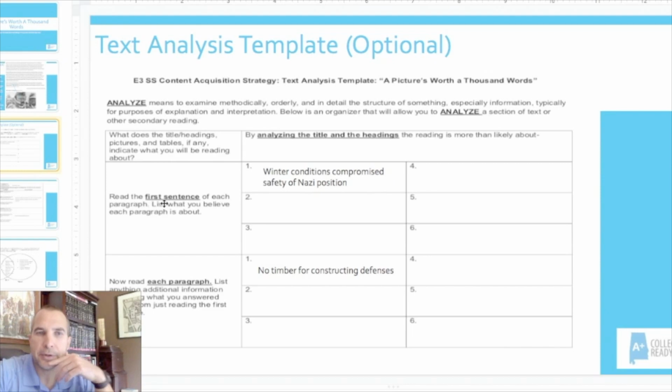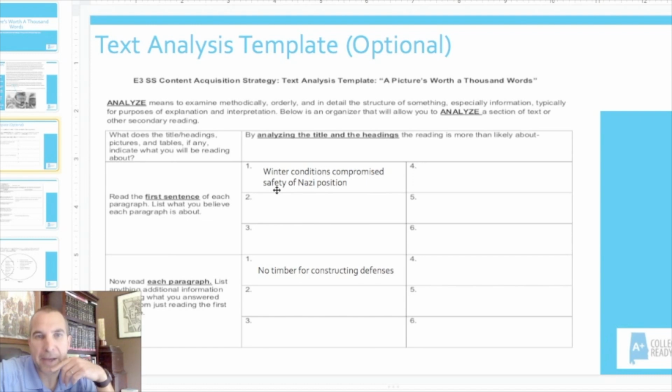So, for instance, it gives them the direction here to read the first sentence of each paragraph and list what you believe each paragraph is about. Again, looking at those first sentences is like the topic sentence of each paragraph.